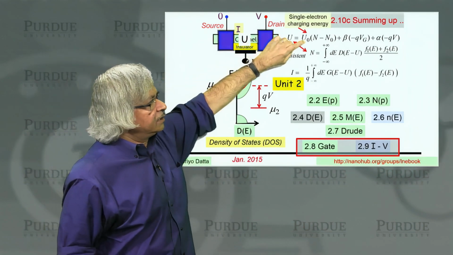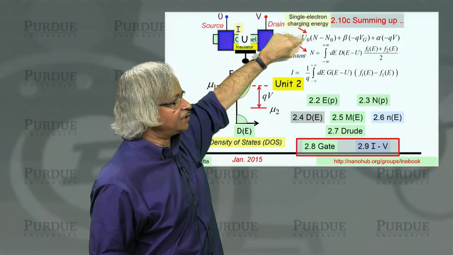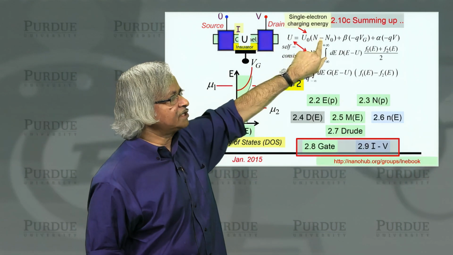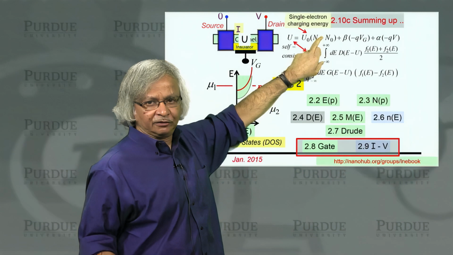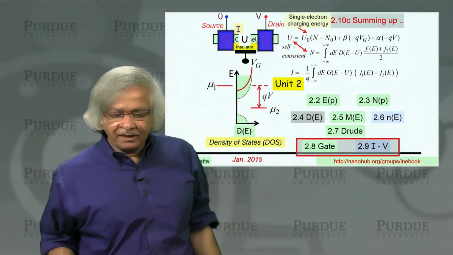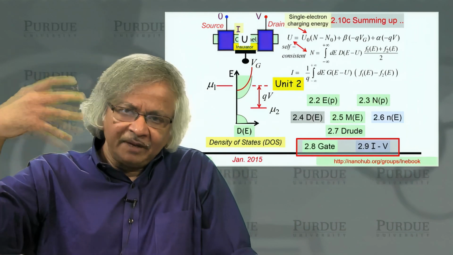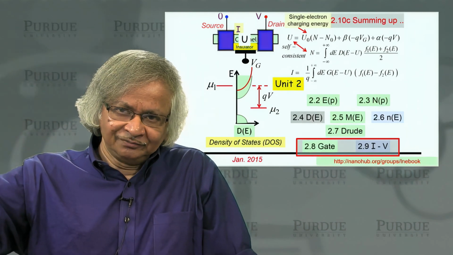Now, one important parameter we introduced here is this U0, which is what's often called the single electron charging energy. That is, it tells you how much the potential energy changes if we add one electron. Now, usually in big devices, one electron doesn't make much of a difference. If you add one electron, maybe the potential will change by 1 microelectron volt.